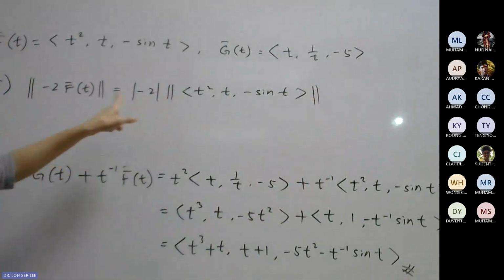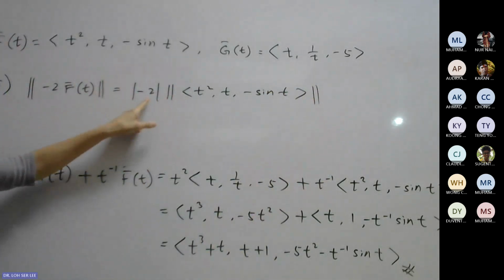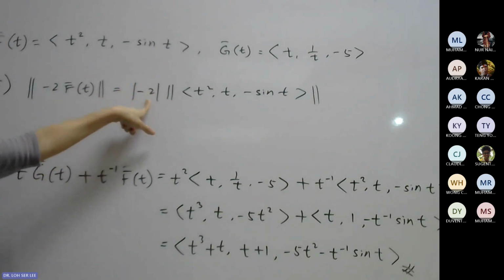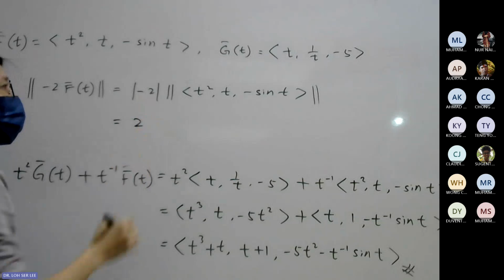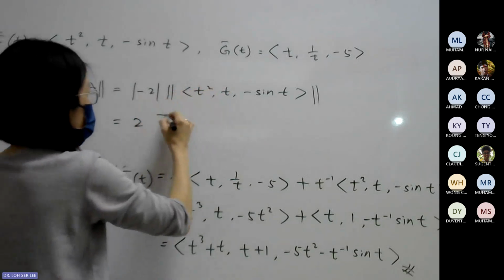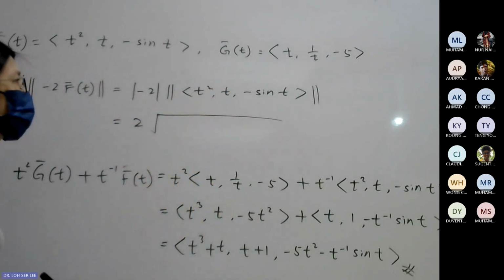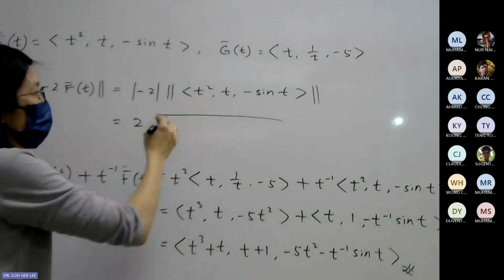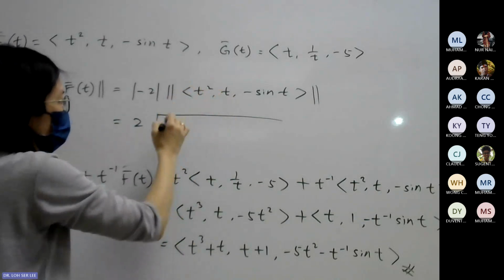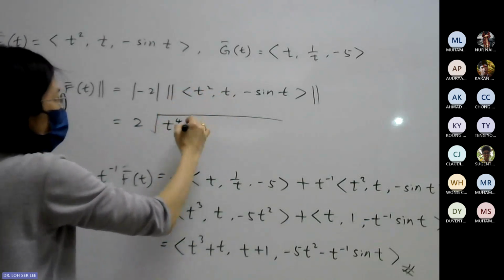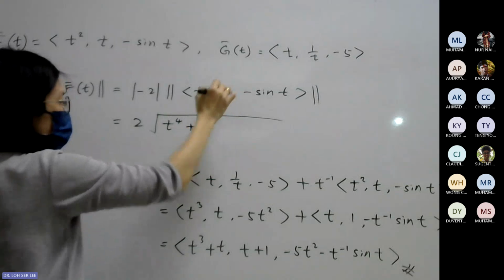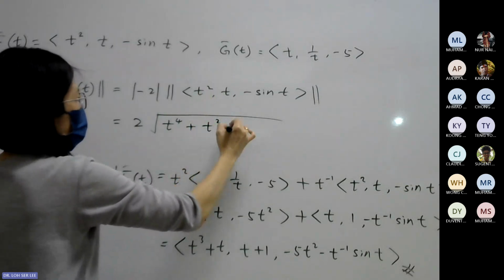We find the magnitude of f(t) multiplying the modulus of the scalar function. So the modulus of -2 is 2. Then for this one, you square every single component function. t squared gives t to the power of 4, plus the square of t, which is t squared.